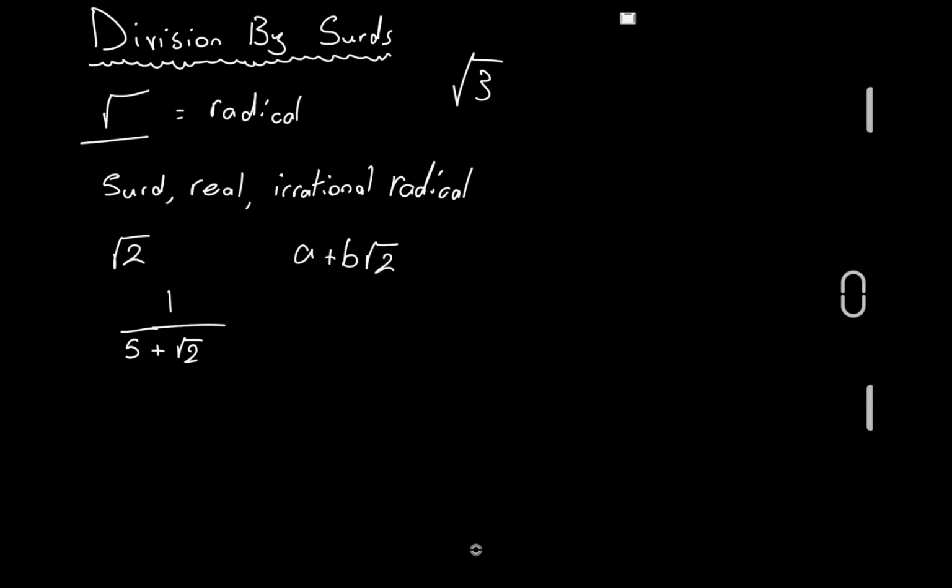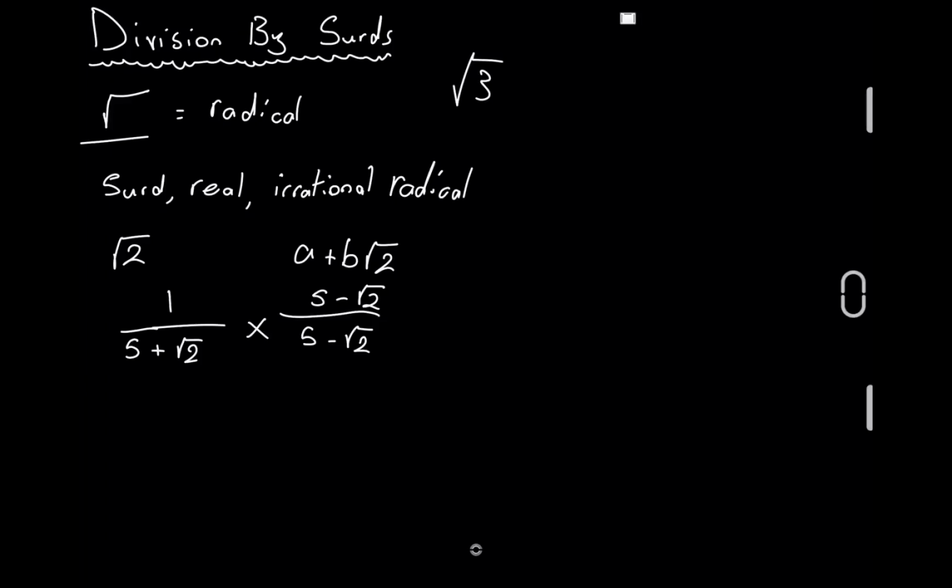So what we're going to do is multiply this by what we call the radical conjugate, or the conjugate. And that is, in this case, 5 minus the square root of 2 divided by 5 minus the square root of 2.